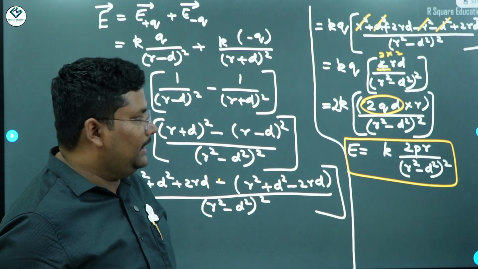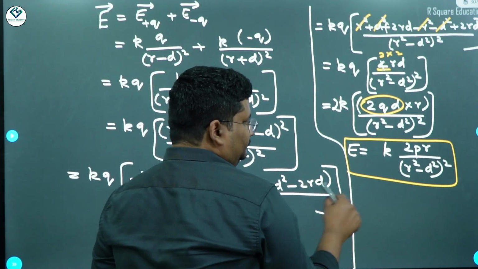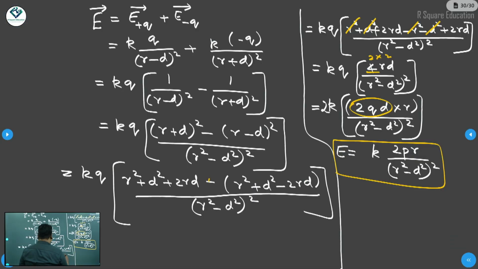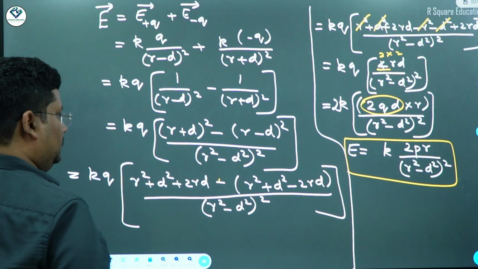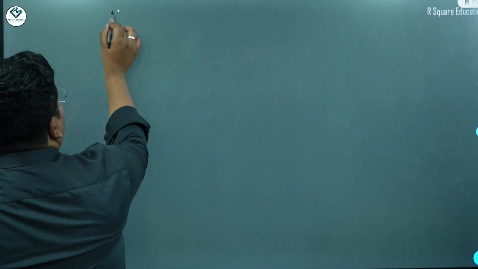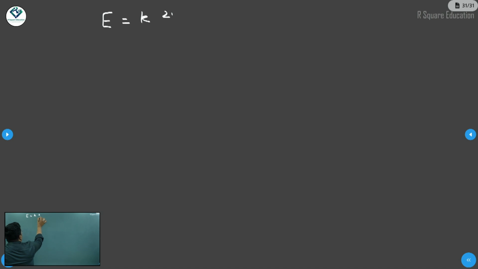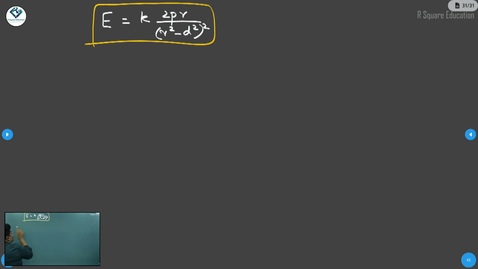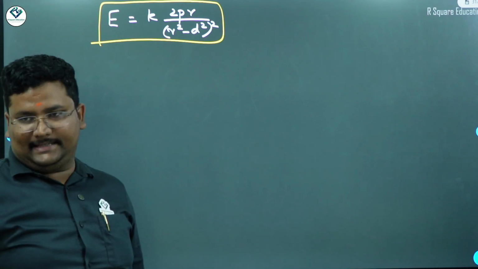Is that clear? Right? Now we can go for special cases. So the equation which we got was K 2PR divided by R square minus D square whole square. This was the electric field which was found due to electric dipole along axial line.